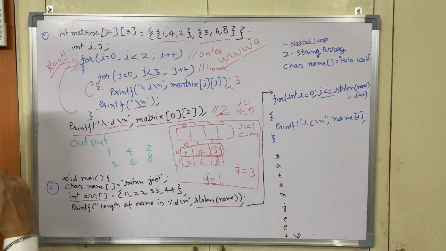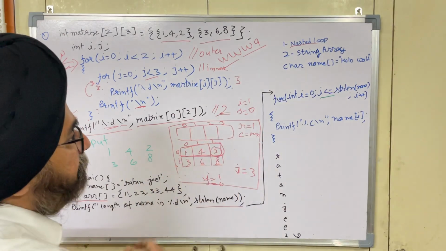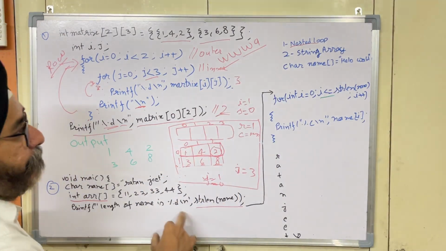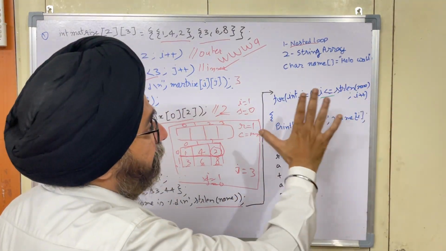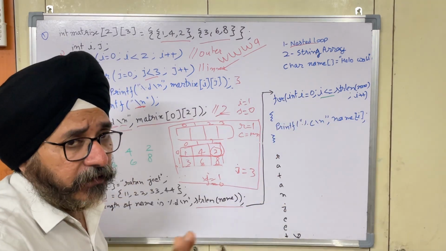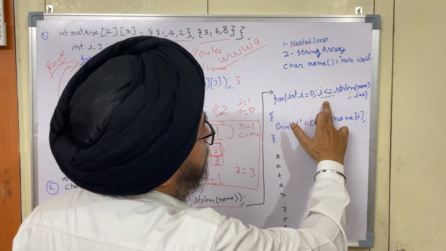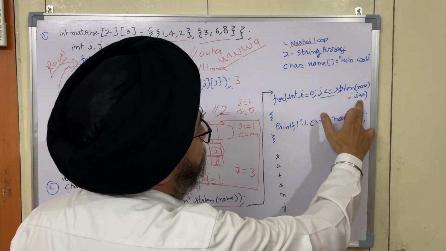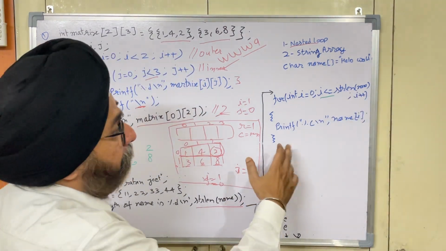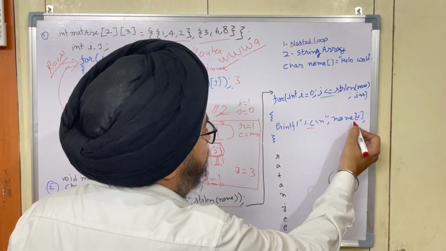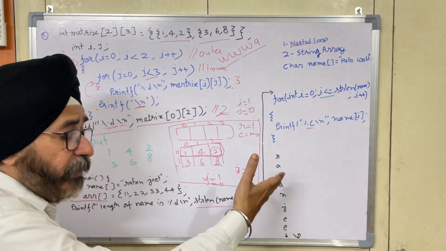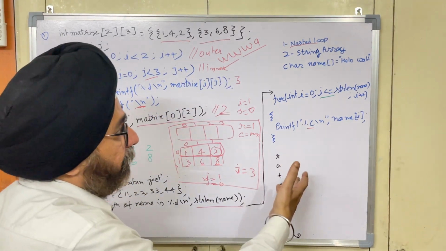So here you can see that I am using a single loop: for i equals 0, i less than or equal to strlen(name), i plus plus, printf %c and name[i]. So how we are approaching it, you can see.